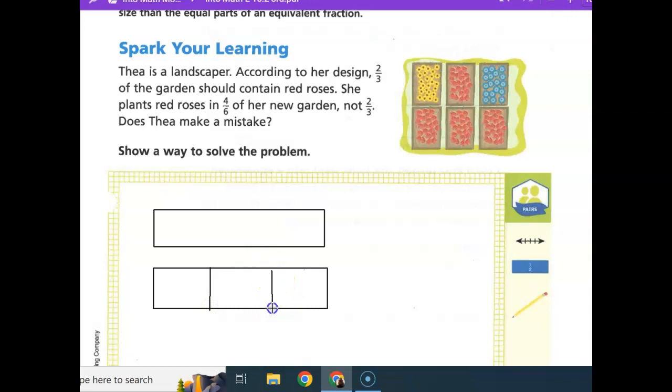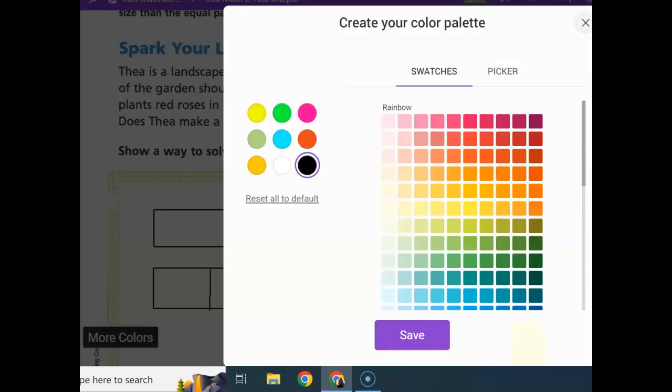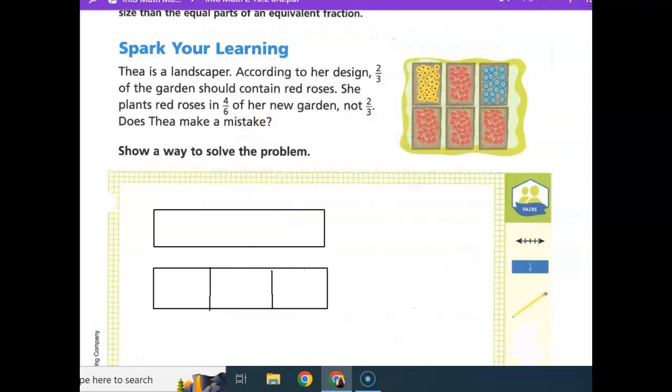She was supposed to plant 2/3 of them with red roses. Okay? So we're going to shade in 2/3 of it red.